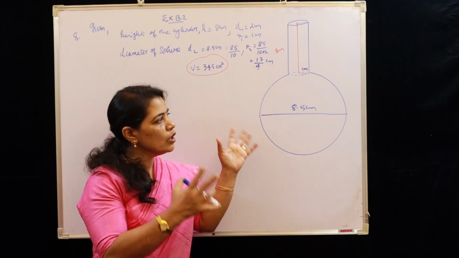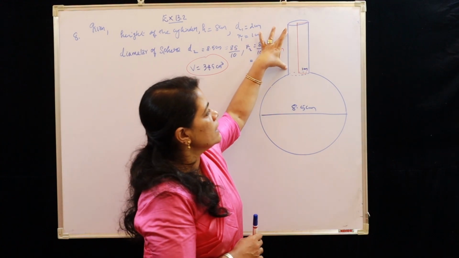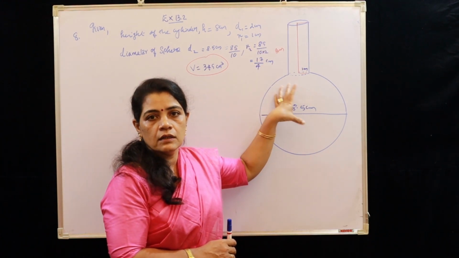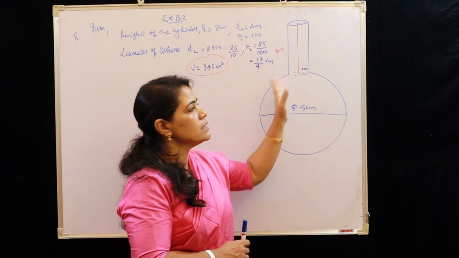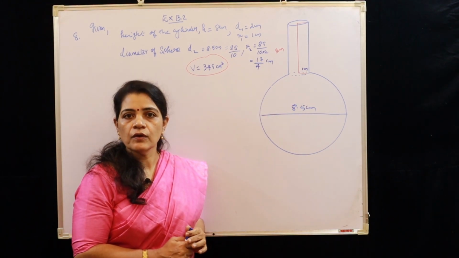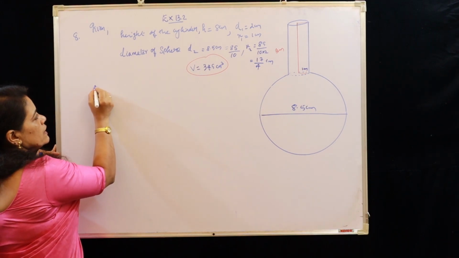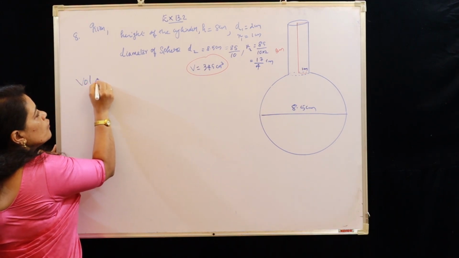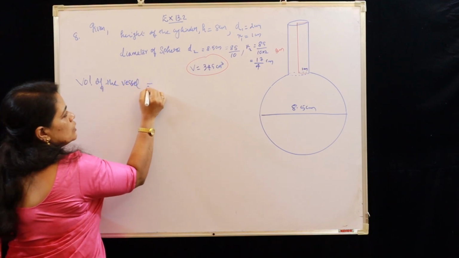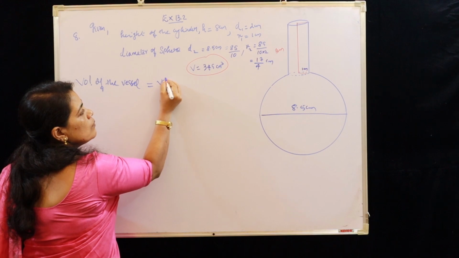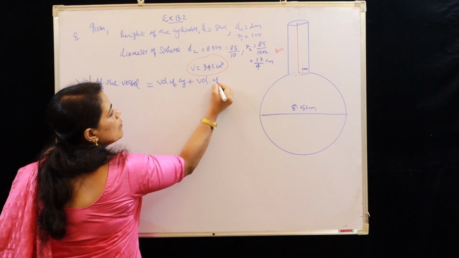Anyhow, the volume of the spherical vessel will be the sum of volume of cylinder and volume of the sphere, that is 4 by 3 pi r cube plus pi r square h. Okay, let us see what is the volume of the spherical vessel. That is, volume of this vessel is equal to volume of cylinder plus volume of sphere.